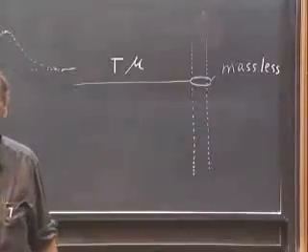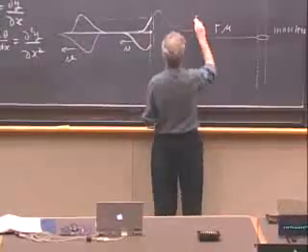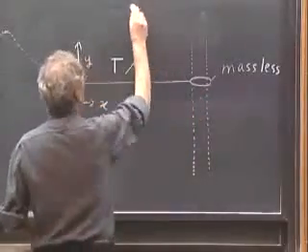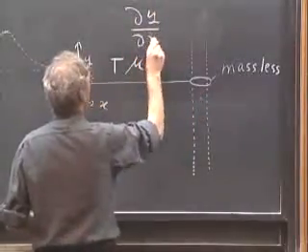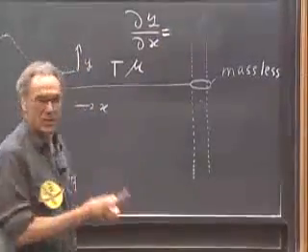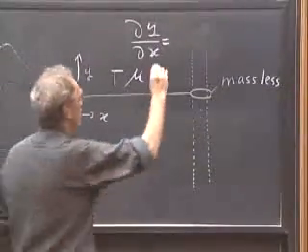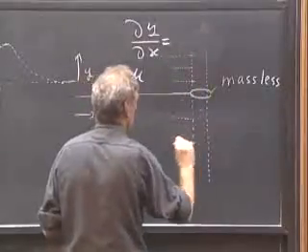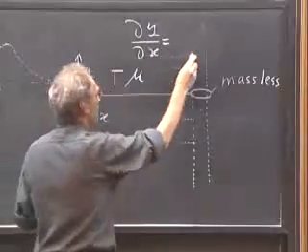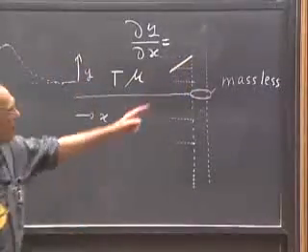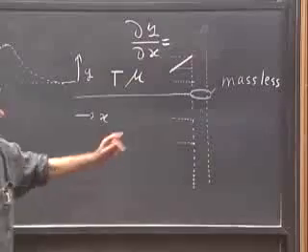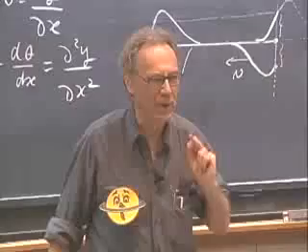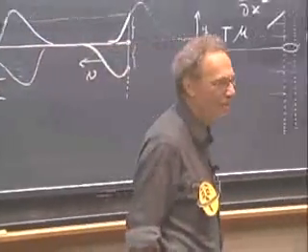It comes in at 90 degrees. dy/dx, if this is y, and this is x, at that location, dy/dx must be 0. If it were not 0, then there would be a force on this ring, because the tension would be in this direction, but the ring has no mass. And so the acceleration of the ring would be infinitely high, which we don't allow.